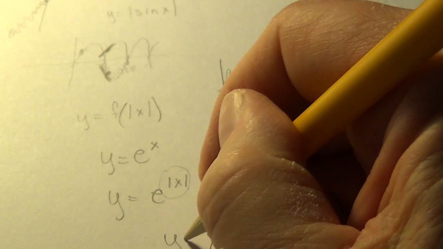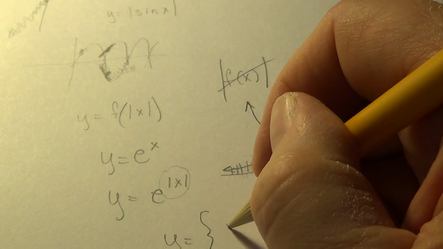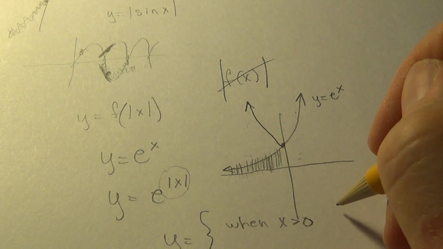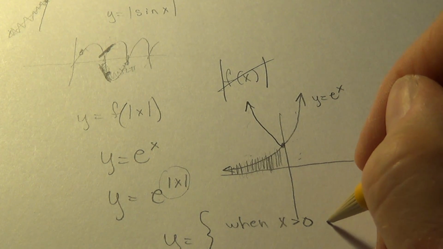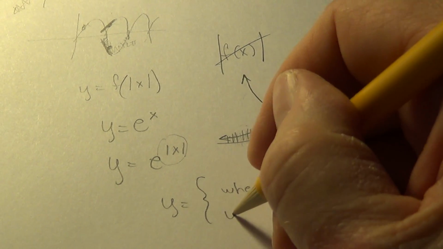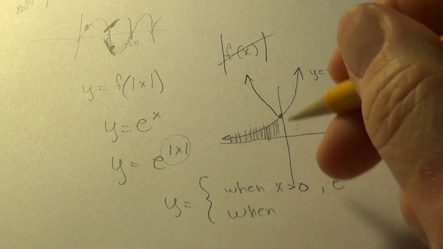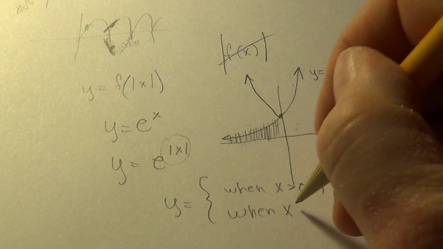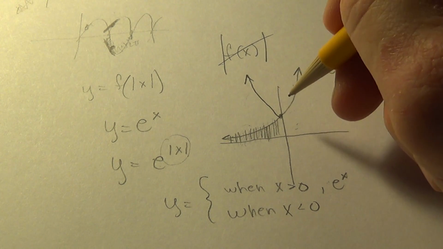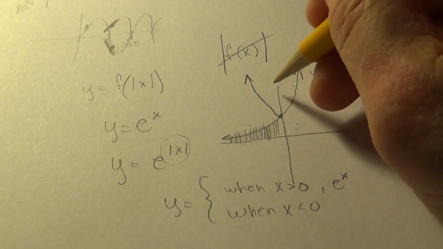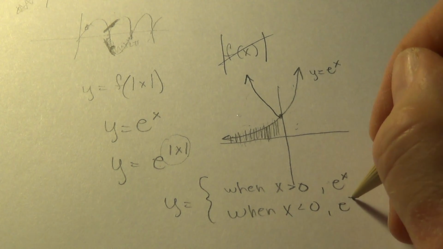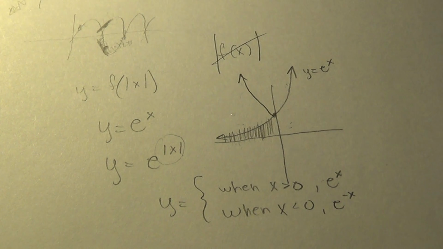This function y, when x is greater than 0, looks normal. It's y equals e to the x. But when x is negative, then it takes on this function. Recall how we can write that: we learned that when you reflect across the y-axis, the exponent takes on a negative value.